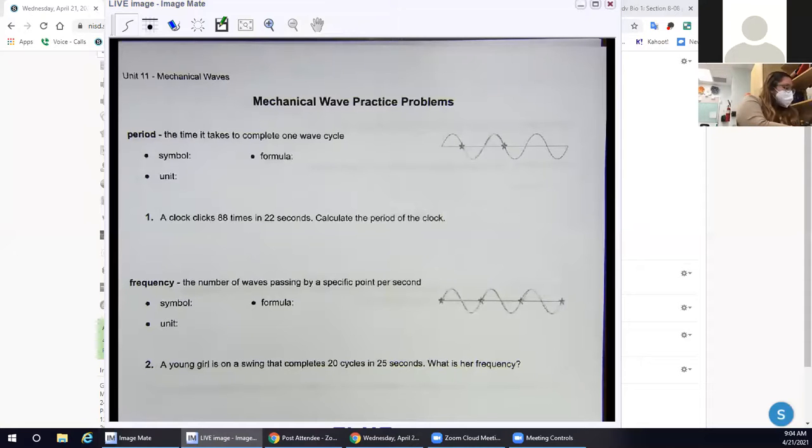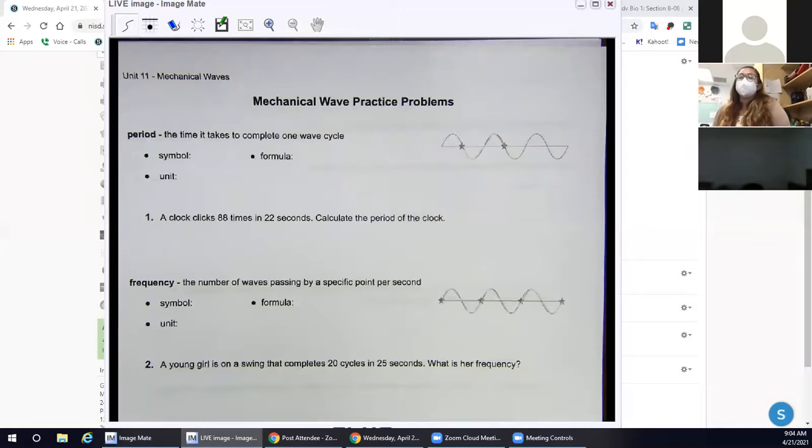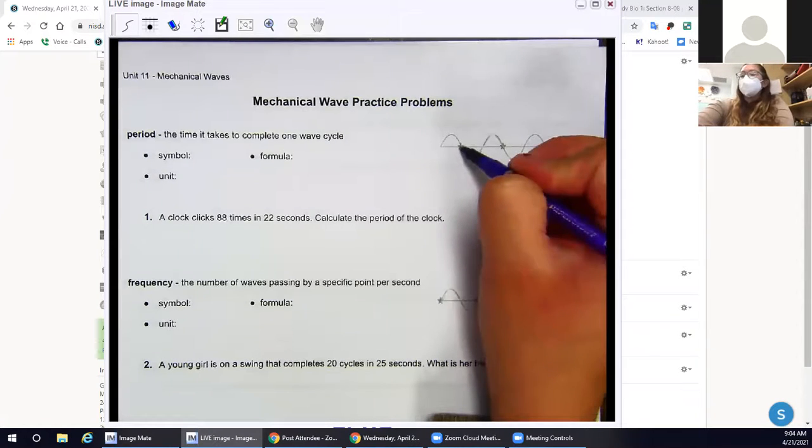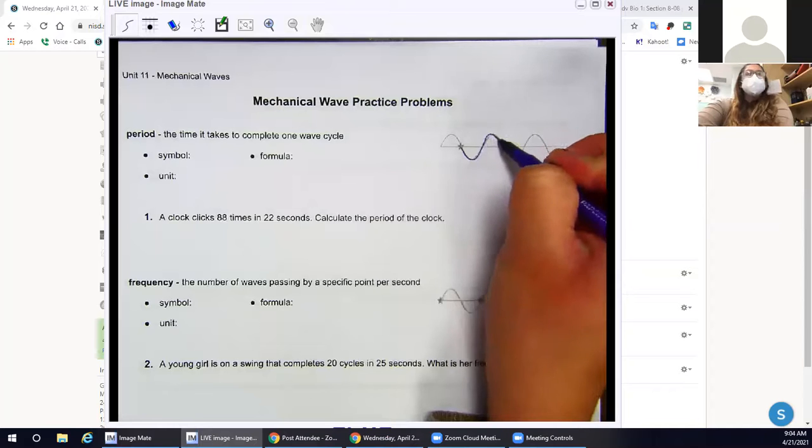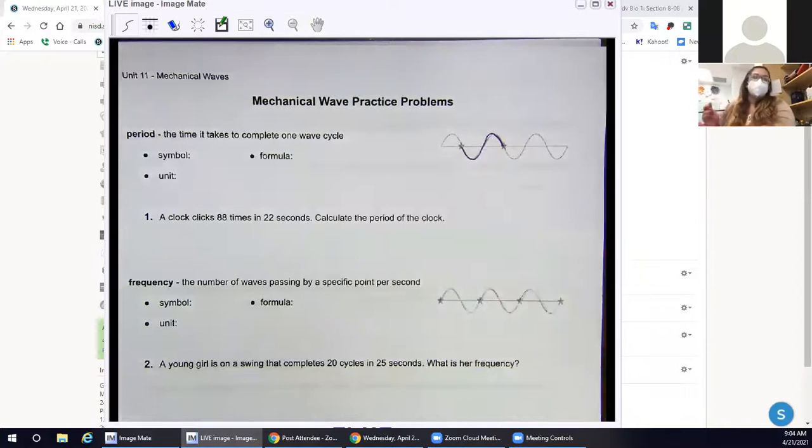So we talked a little bit about periods already. Period is the time it takes to complete one wave cycle. And remember, a wave cycle is anywhere between two identical points. So here would be one wave cycle. And we would just count the time it takes to complete that one wave cycle.